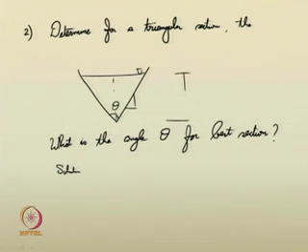If this is your depth y_n, and this is your side slope 1 is to m, then it is the side slope 1 is to m that determines this particular angle theta. Fine. So, if your side slope is steep, your theta will be less. If the side slope is very high, your theta will be more.